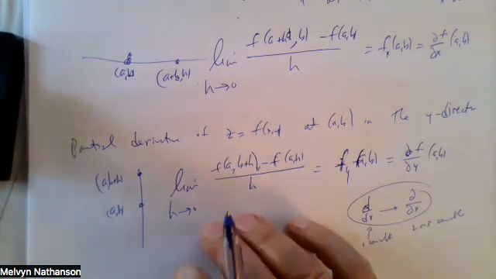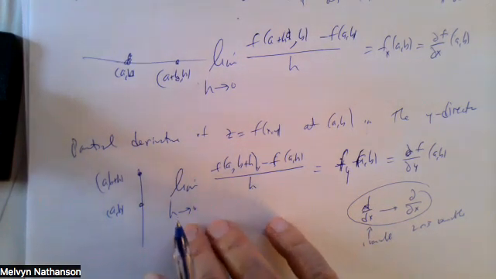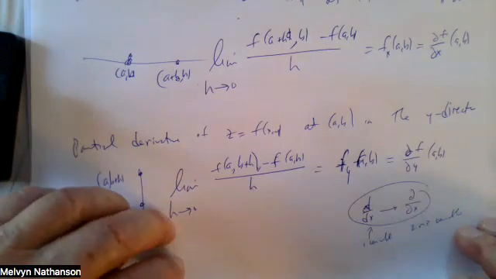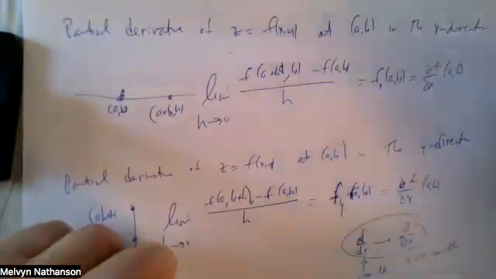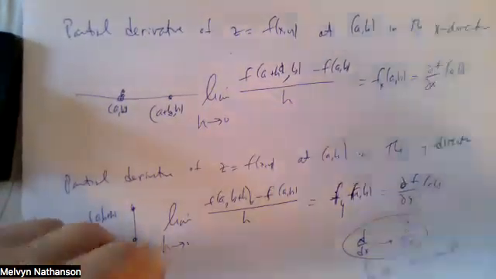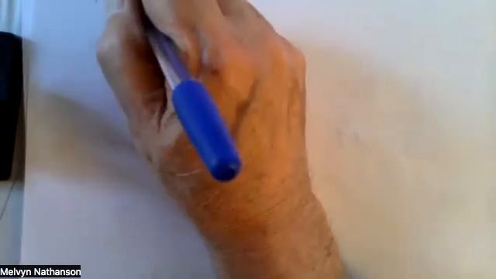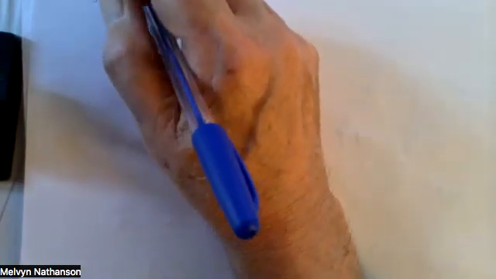So let's look at a couple of examples, and we'll compute them, and then we'll see very quickly how everything reduces just to Calc 1. So suppose I take the function f of x, y equals x squared y.